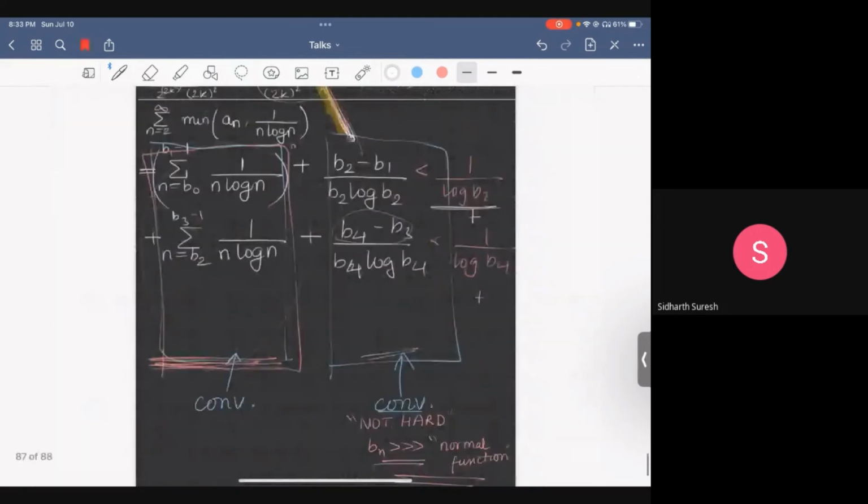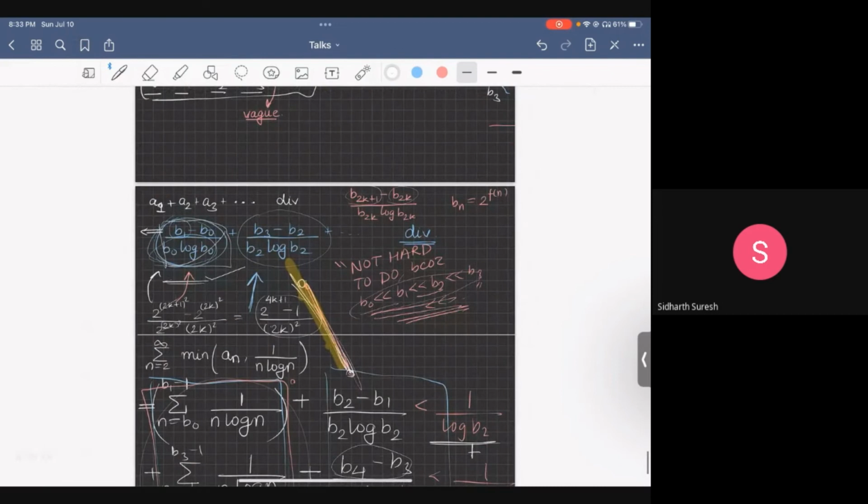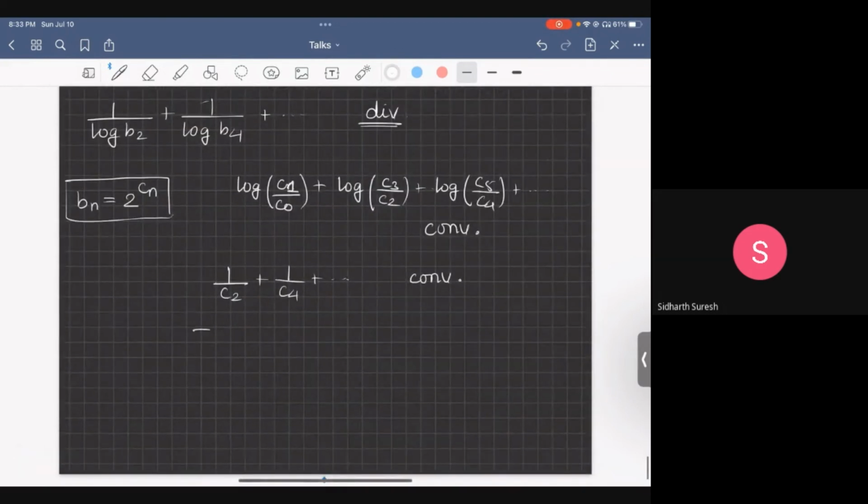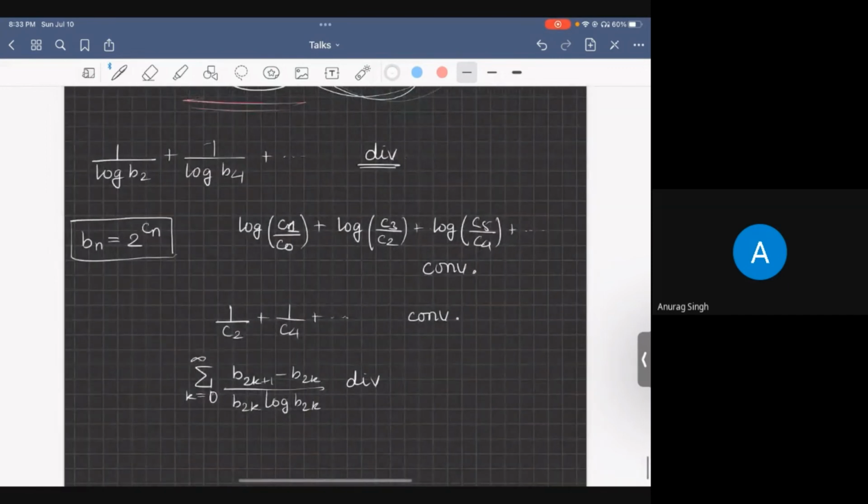And then we also want this thing to diverge, let's write it in that way itself: b2k+1 minus b2k over b2k log b2k to diverge. Clearly Ck is some kind of exponential. That's why 1 by c2 plus 1 by c4 converges, right?